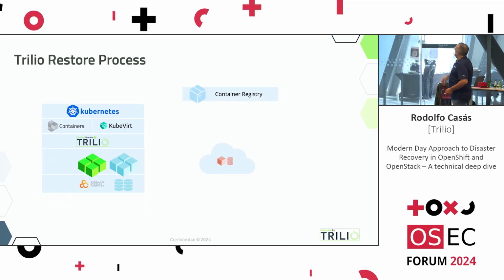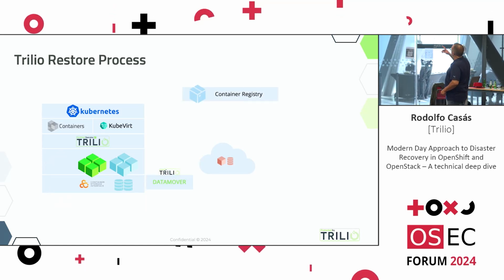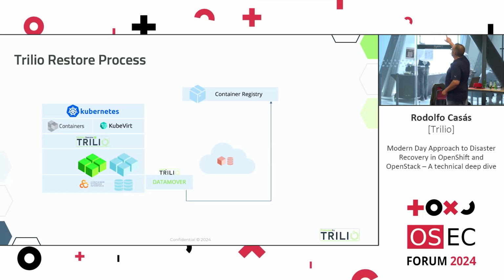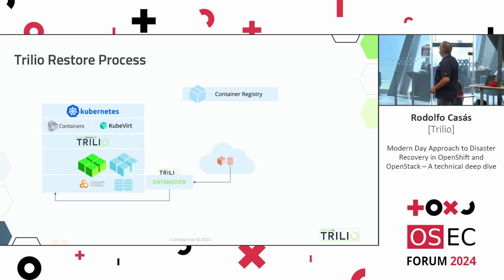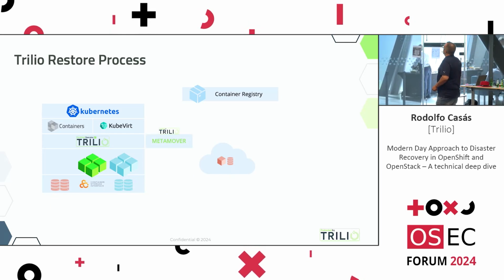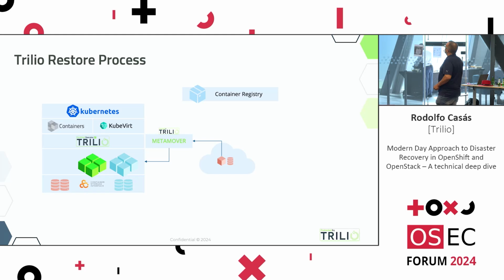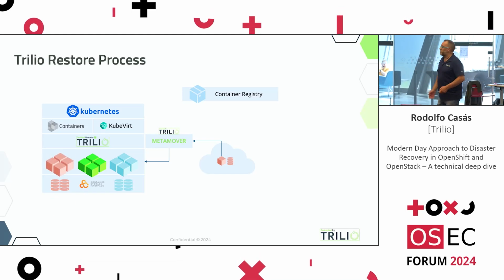And if your application, you need to restore it, we will do some validation, and then if you want, you will restore the images, and if not, you will restore the persistent volume with the data, and the meta mover will restore the metadata to Kubernetes, and then Kubernetes, OpenShift, in this endless loop of reconciliation will spin up your applications, okay?